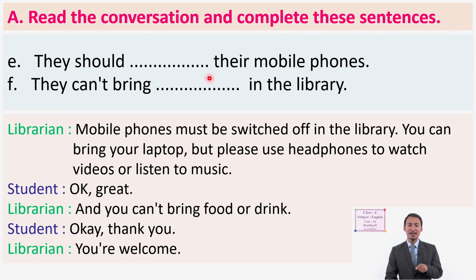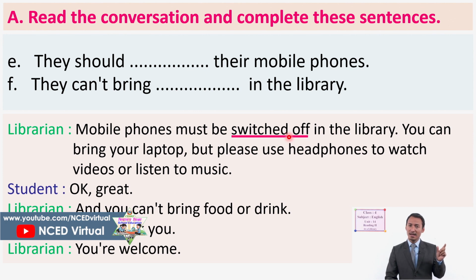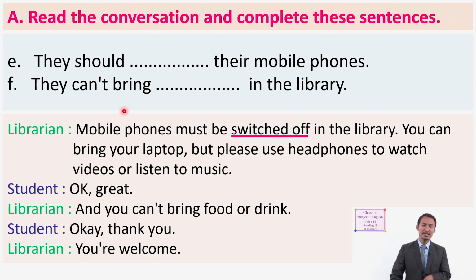So what is there? Switched off is there. Okay, that is missing here. So you have to write here switch off their mobile. Okay, they should switch off. You have to make the verb one, by avoiding ed here, because we have should here in the sentence.